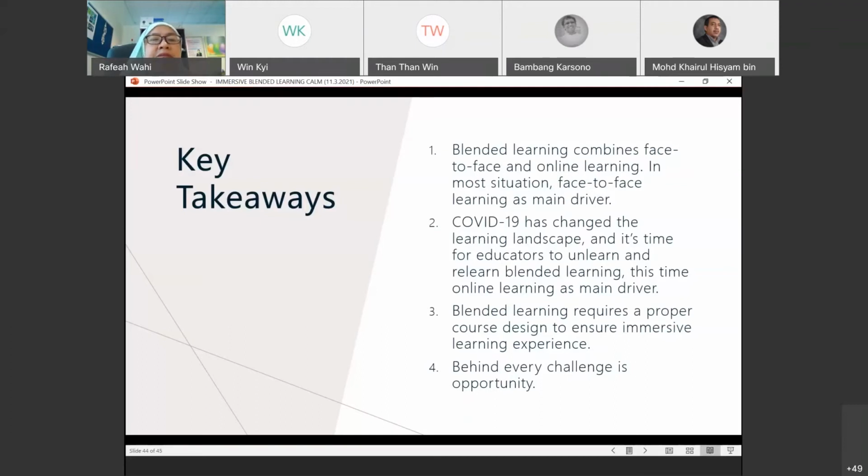So that could be our new norm for face-to-face learning. Another key takeaway is that blended learning requires a proper course design to ensure an immersive learning experience. And it's good to go through the previous semester's CLO achievement report and look at the areas for improvement. From there, we can create a new approach for our students' immersive learning.